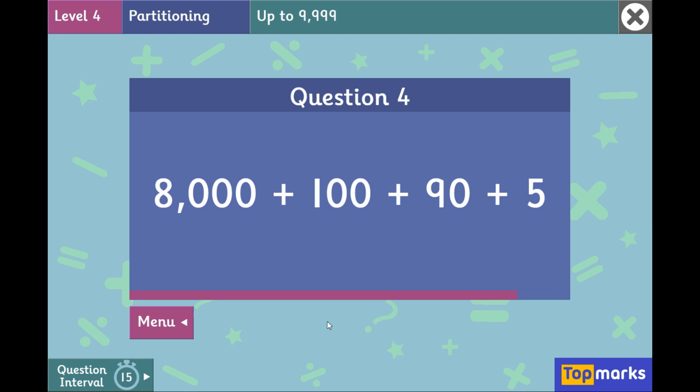Question 4. 8,000 add 100 add 90 add 5. Question 5. 3,000 add 900 add 20 add 1.